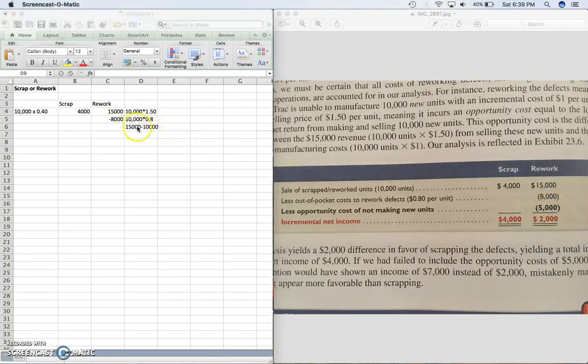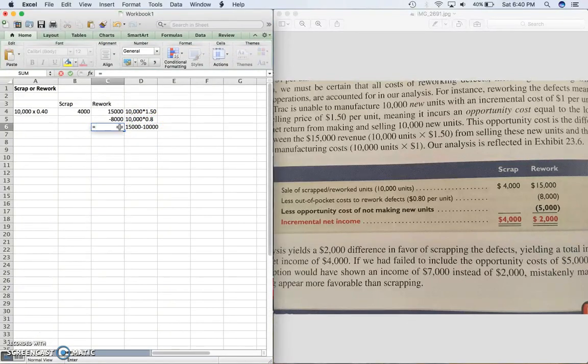So over here we would just say that it's 15,000 minus 10,000. We'll do that in the equation. 15 minus 10 is 5,000, but we're going to make it negative. Okay, there we go.